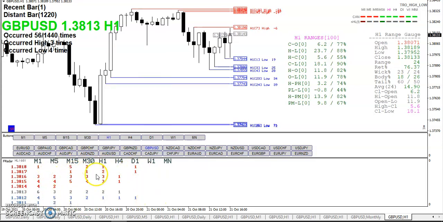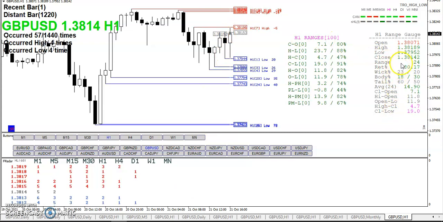So you can see with all these numbers showing up that there's been a lot of ranging in this area. You can see it on the chart or you can see it on the fractal radar.